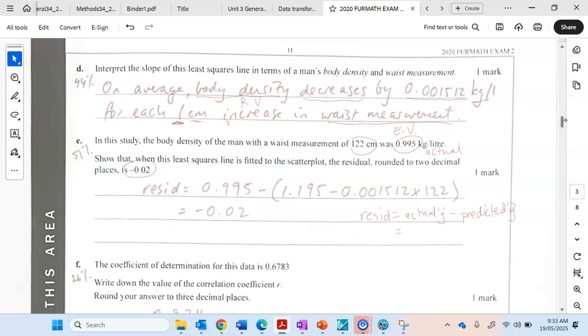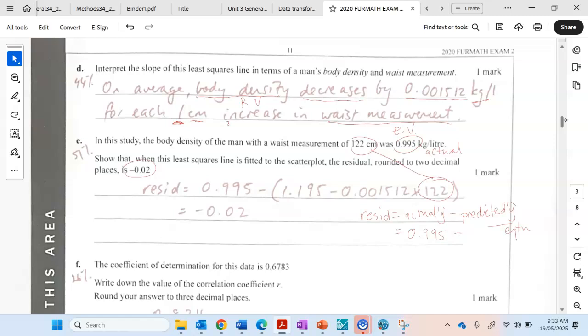So that's why you've got the 0.995 minus the predicted y. So the predicted comes from the equation. It could also come from the graph, but not this one. You've got the equation, use the equation. So you can see here's our least squares equation, and we're just substituting in that x value, 122.